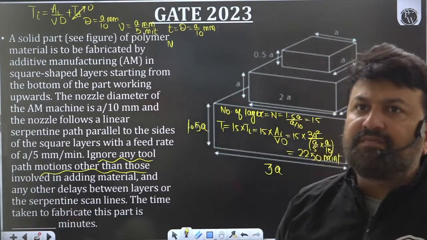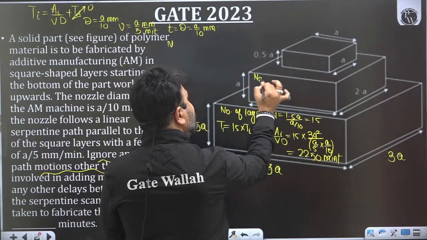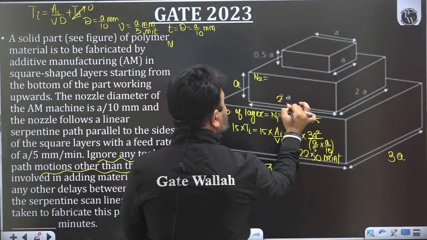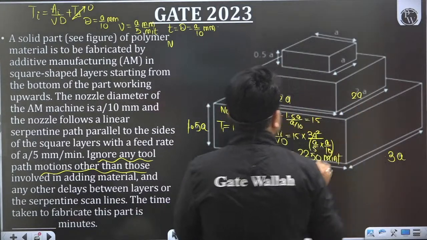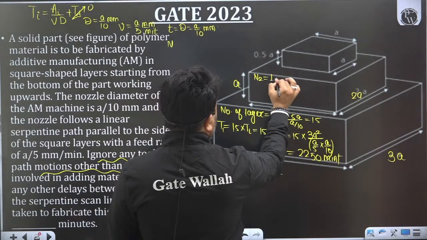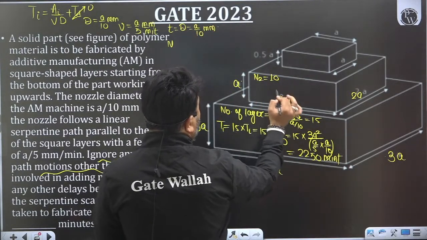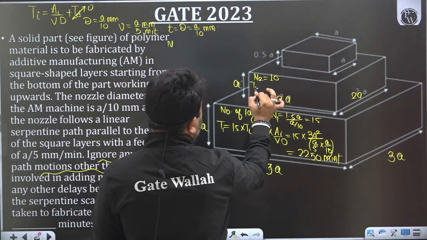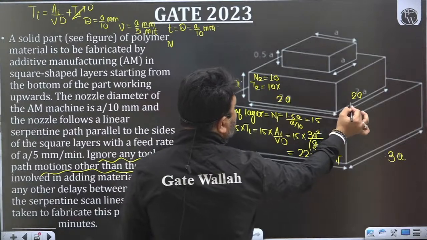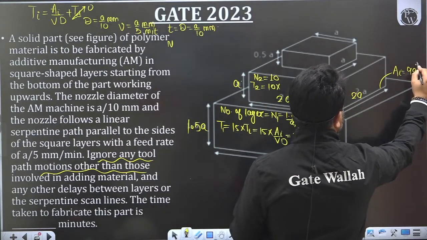Similarly, for the second part, the number of layers, let's say n2, this is n1. This is 2a, so the number of layers will be 10, because 2a divided by A by 10 gives 10. Now the total time is 10 into Ai, and Ai for that is 4A square.